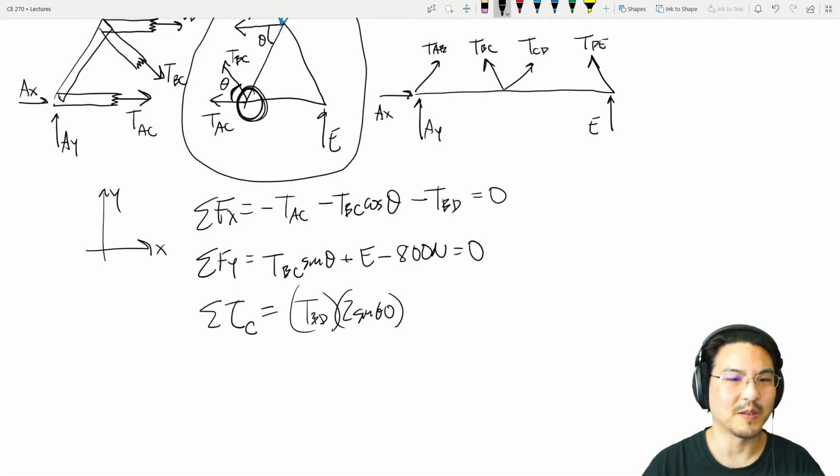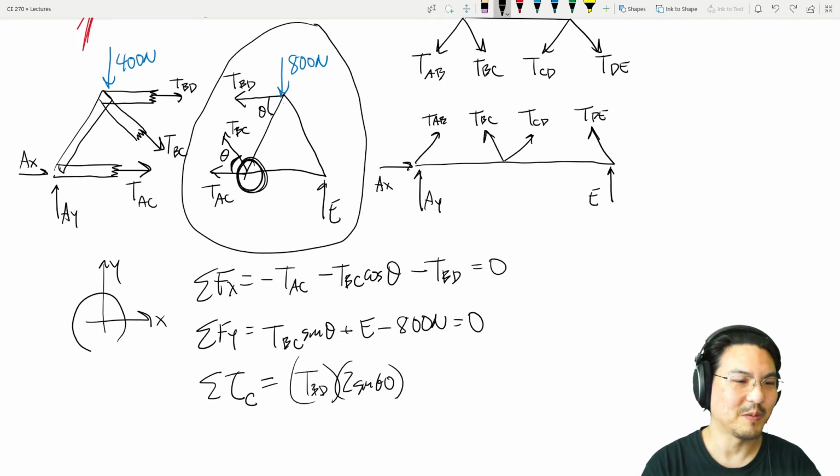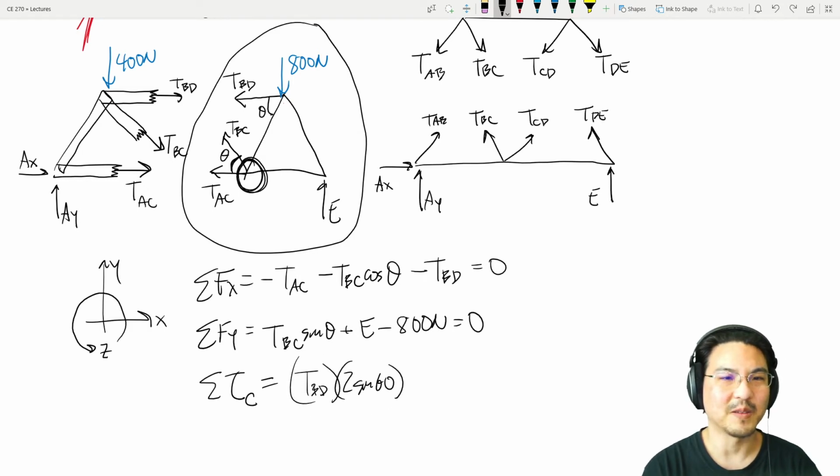And that would cause a torque going counterclockwise about point C this way, which happens to be the positive z direction. So this is positive. And then there's a torque from this force here, this way, in the negative z direction, so negative.